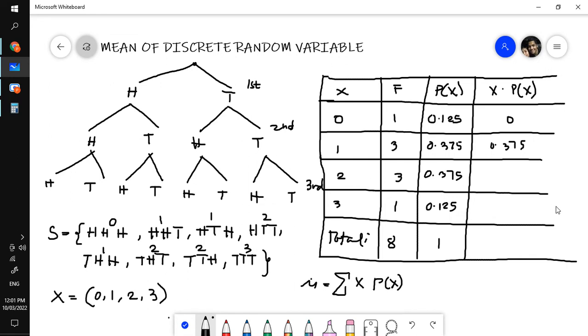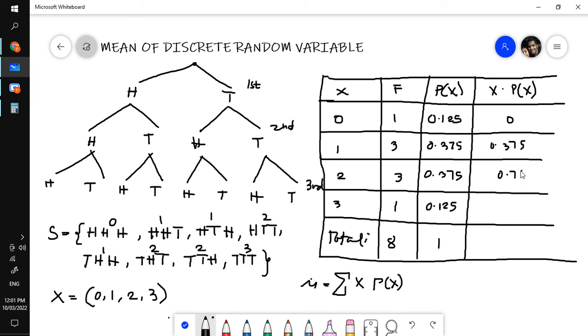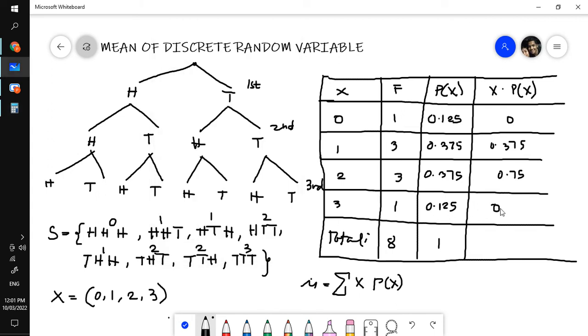0.375. 2 times 0.375, let's use a calculator. 2 times 0.375, that's 0.75. And we have 3 times 0.125, that's 0.375.